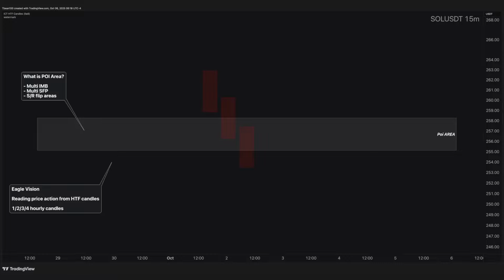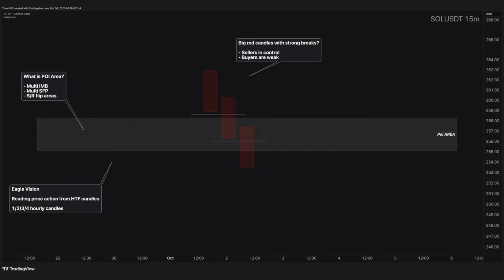So let's say the price drops into your POI area like this, with huge red candles forming one after another, showing massive downward pressure. That usually means sellers are completely in control here, and the buyers are too weak to push back.